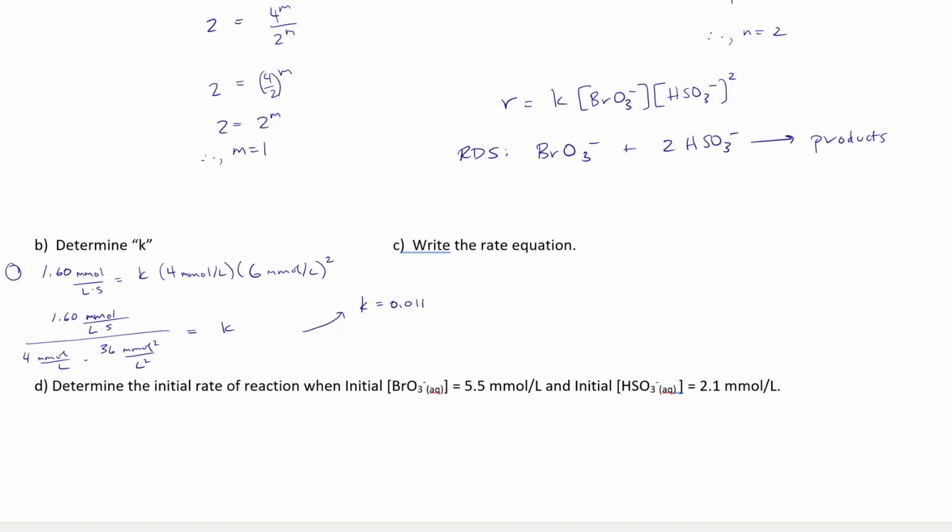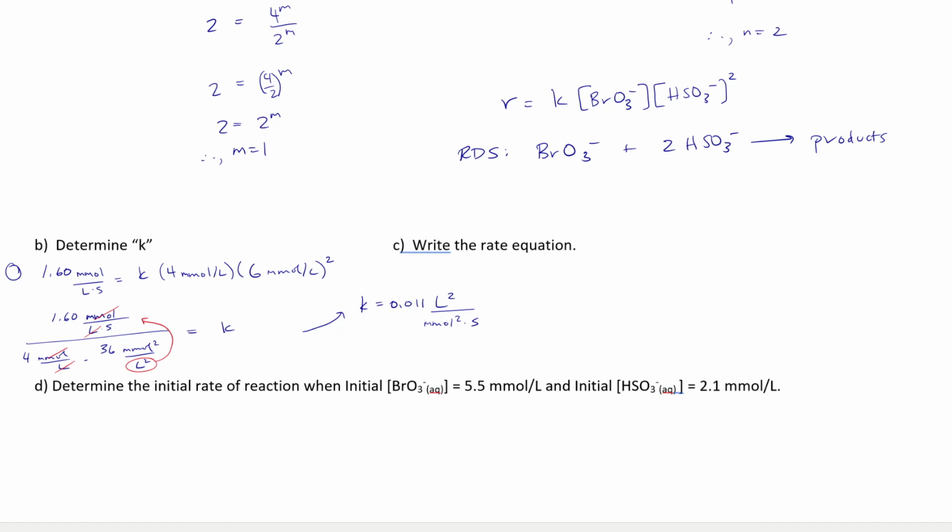And if I look at the units, I've got millimoles, millimoles cancels, liters, liters cancels. This is the denominator of a denominator, so it moves up here. Okay, and so I will end up having liters squared over millimoles squared seconds. So I have the units of K and I have its numerical value.